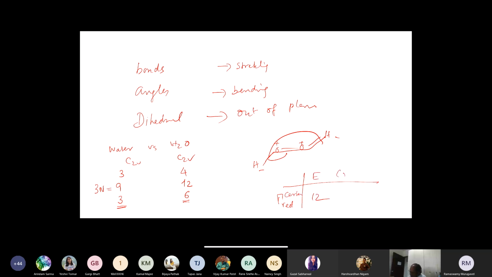You can do this for practice. You can find out what these are. That is part A. Part A is Cartesian coordinates. Part B is to switch over to internal coordinates.